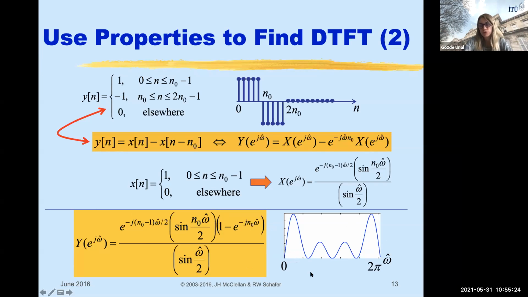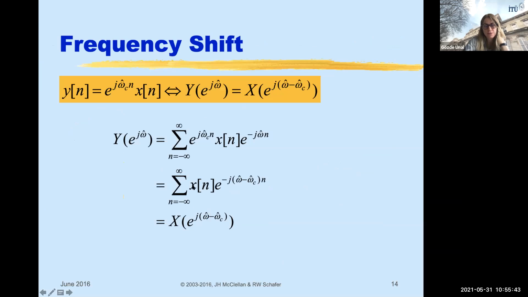The magnitude looks like this. You can use numerical tools like Python, since it's not possible to directly look at this and plot it; it's numerically much easier. Yes, we exploit a known transform pair.